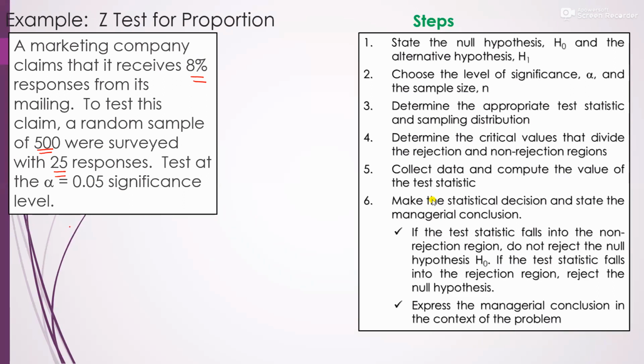So now here we are taking pi as a parameter, which is the proportion of responses received for the mails. Right? Then H naught.